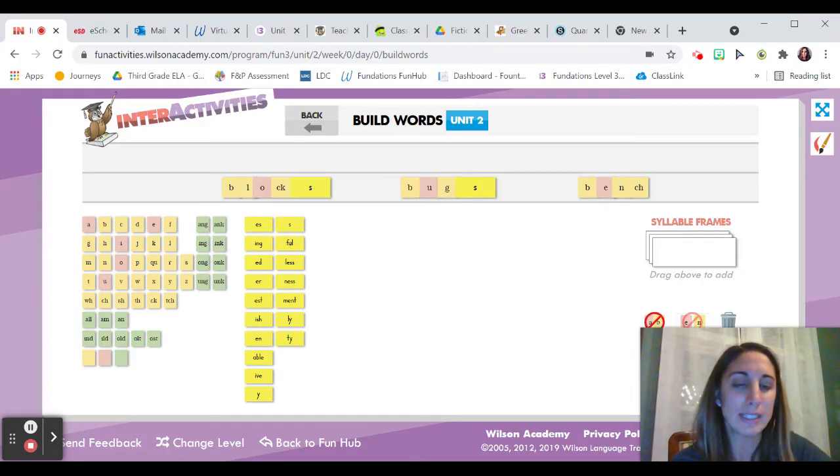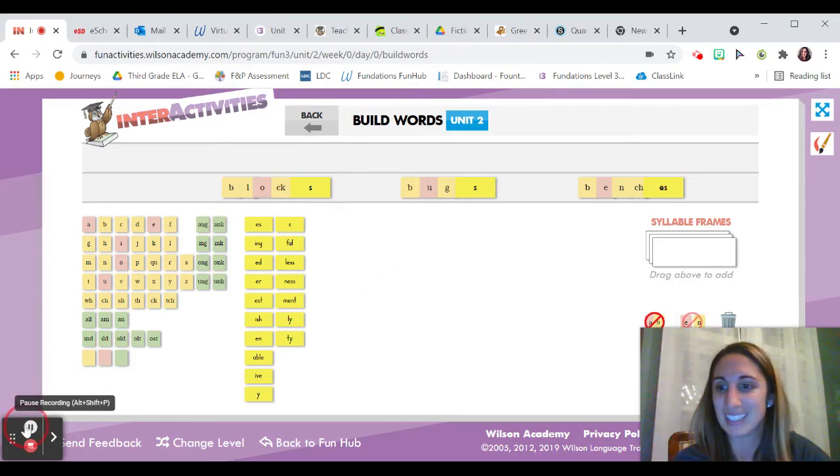Are we just going to add the S suffix to bench? No. Good. Remember, we're going to add the ES suffix to the end. So bench is benches. It actually sounds like iz, benches, doesn't it? Very good.